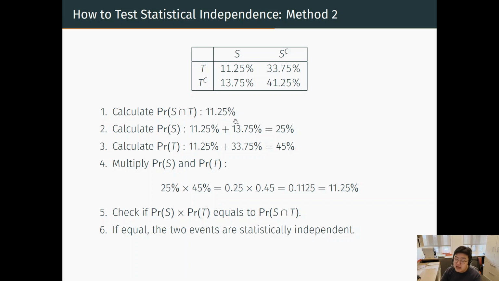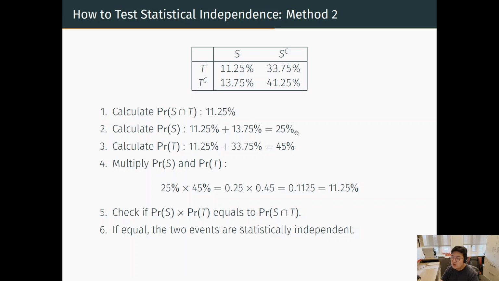In our example again, the left-hand side is S intersection T, which is just one outcome, 11.25. Then you calculate the unconditional probability of S, which is these 2 outcomes, summed to get 25%, and the other marginal probability, T, is these 2 outcomes, which is 45%.